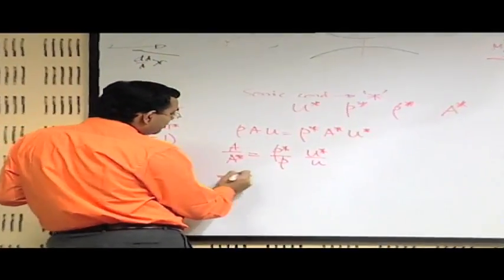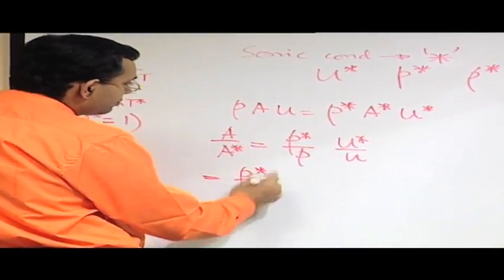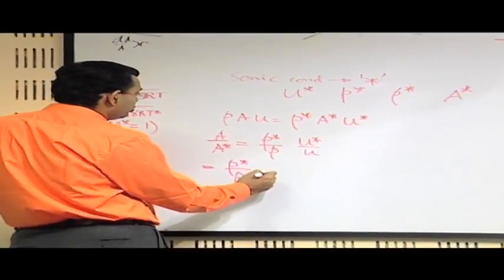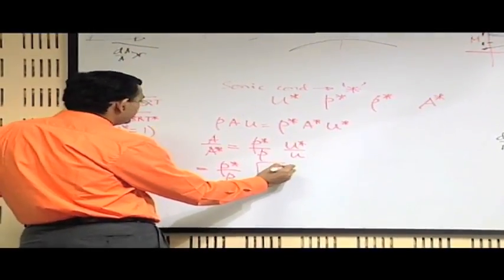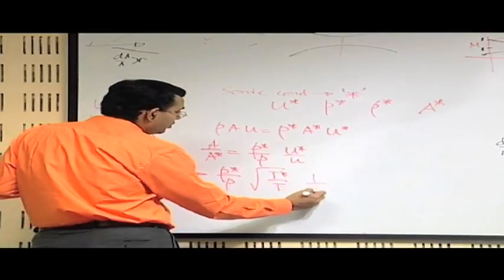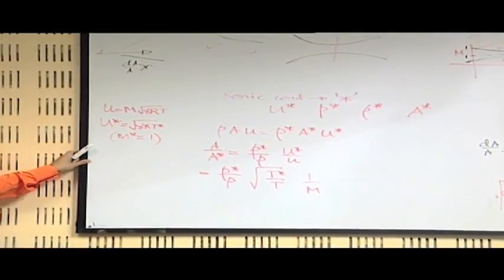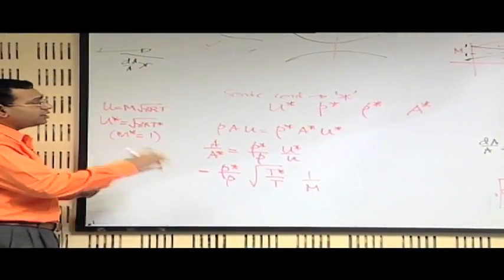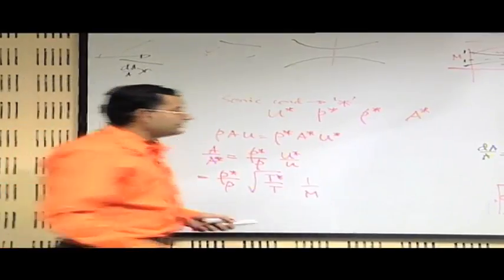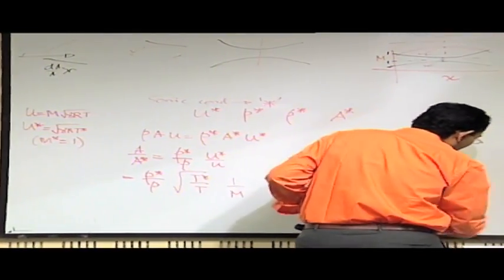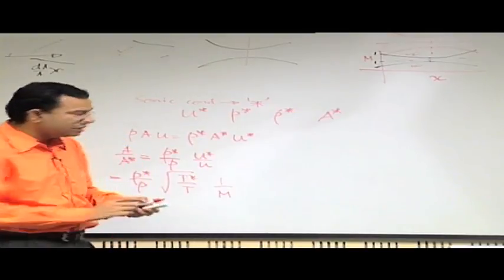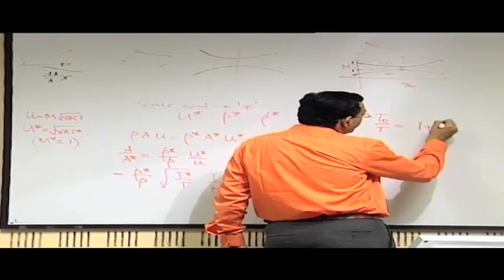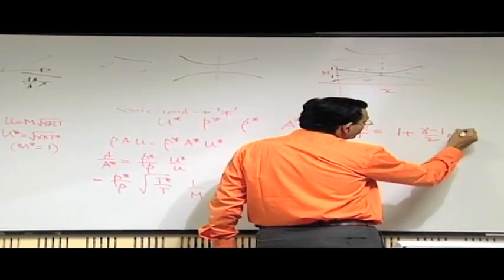So this may be written as rho star by rho into U star by U is root over T star by T into 1 by m, right. How you can write T star by T? We may use the stagnation properties and we may use the reference with respect to the stagnation properties. Remember we had T0 by T is equal to 1 plus gamma minus 1 by 2 m square.